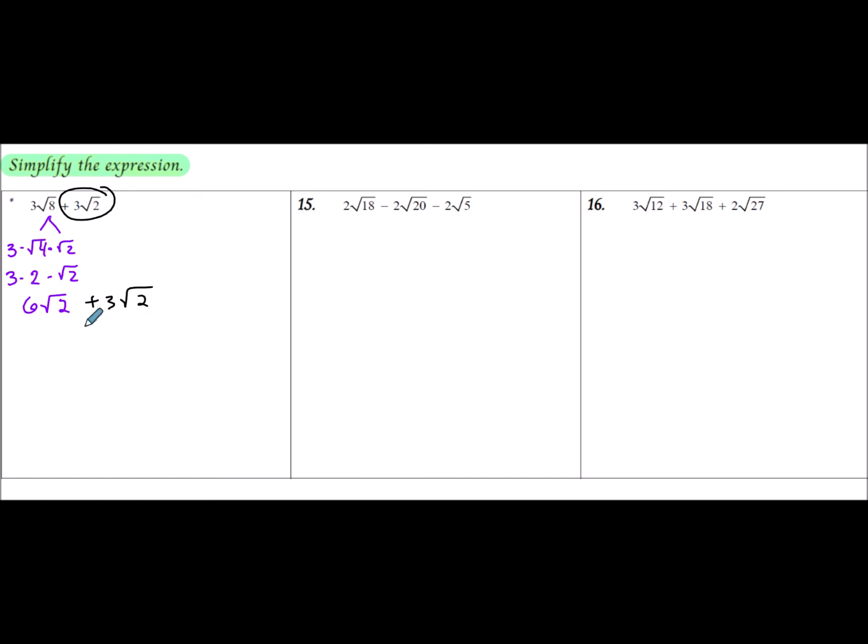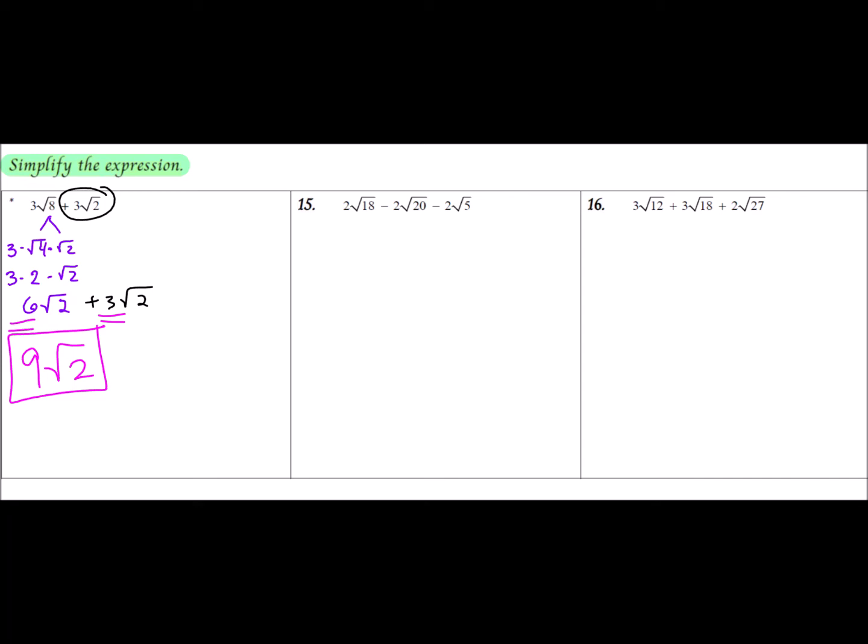And now notice we have the same radicals, but we add their coefficient there. Well, it's not a coefficient, but it's the multiplier. There's 6 times rad 2. There's 3 times rad 2. So how many rad 2s do we have altogether? There's 9 rad 2s. So that's my answer right there.